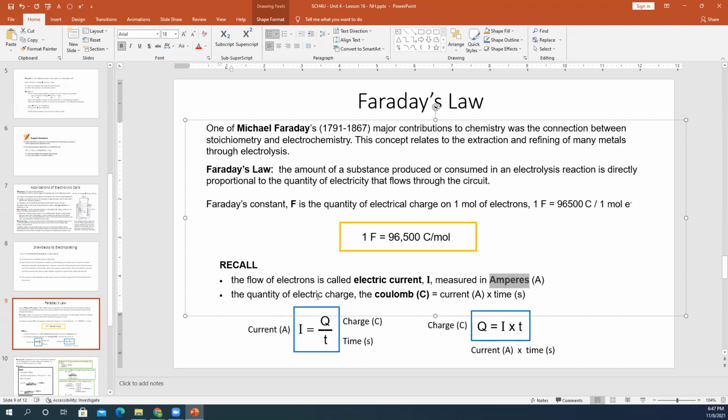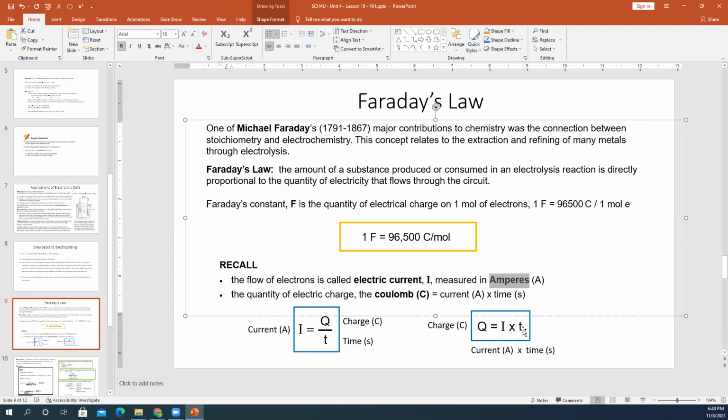The quantity of electric charge, how much electric charge there is, is measured in coulombs, and the symbol for that is Q. It is equal to current, symbol I, with units of amperes, A, multiplied by time.